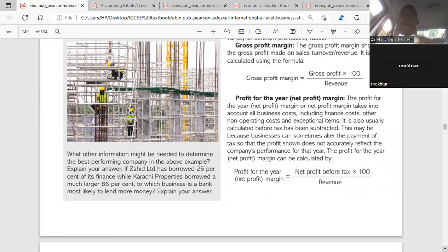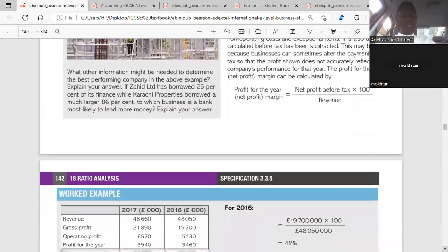It means our gross profit minus all overhead expenses, like the administrative expenses, the transportation expenses, office expenses, whatever expenses we incur, we take away from our gross profit. That gives us our net profit. So the net profit margin is net profit before tax divided by revenue multiplied by 100. That is about gross profit and net profit.